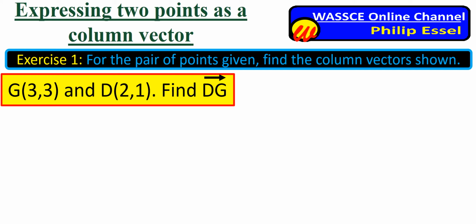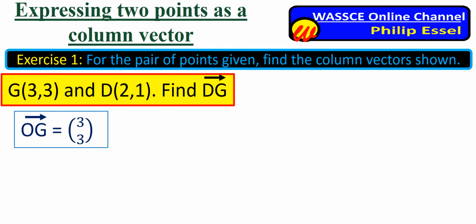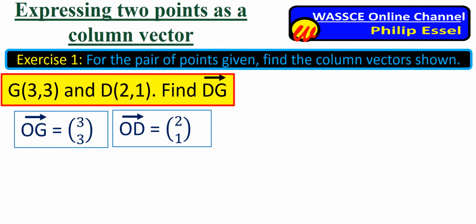And we are to find the column vector DG. Okay, so what we will do first is to write the points given to us as position vectors. So the point G will be written as vector OG equals (3, 3). And the position vector of the point D would be the vector OD equals (2, 1).